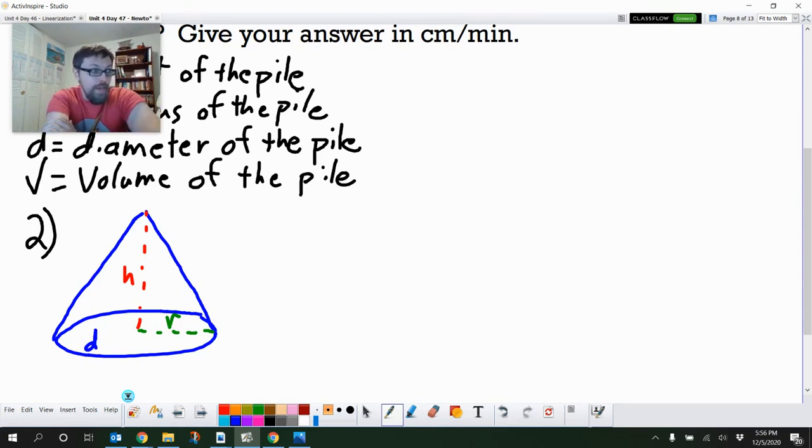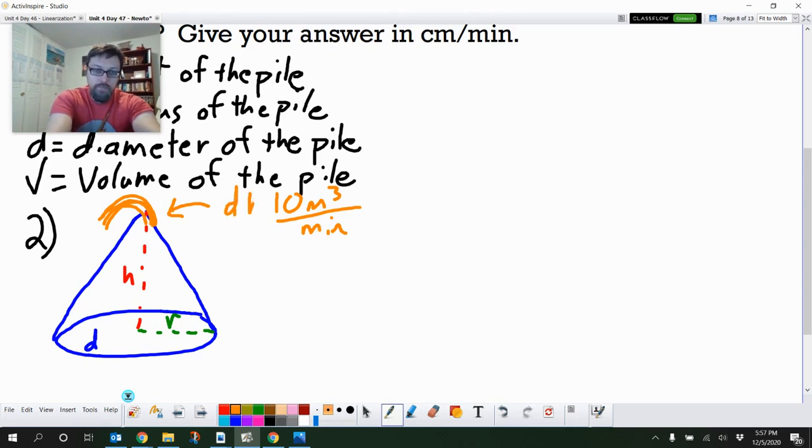Also, on top of it, there is sand being dumped on here. So that is sand being added to the top, and it's coming at 10 cubic meters per minute. So that is how the change in the volume is happening as time changes.